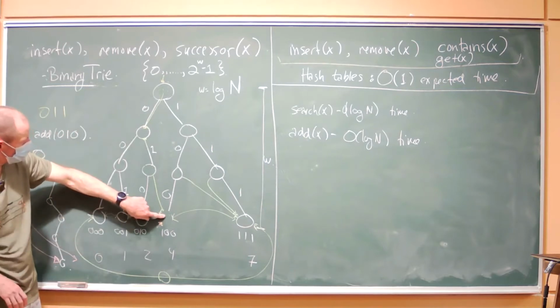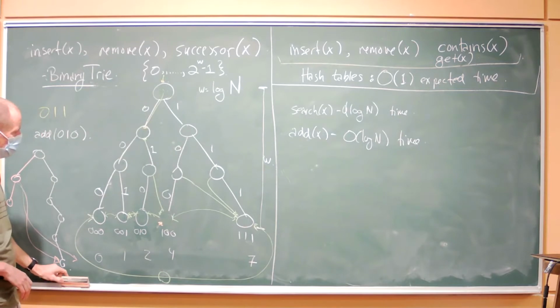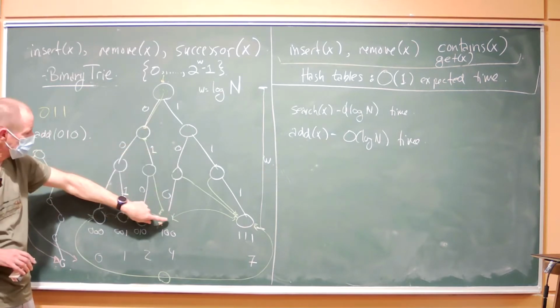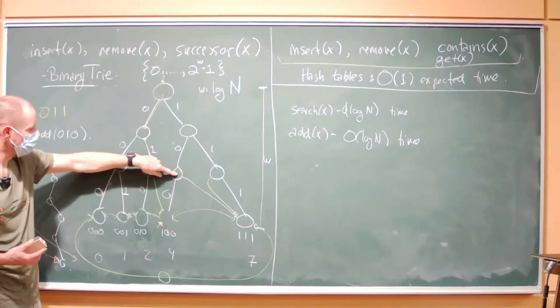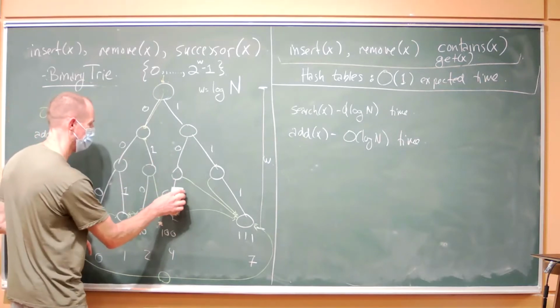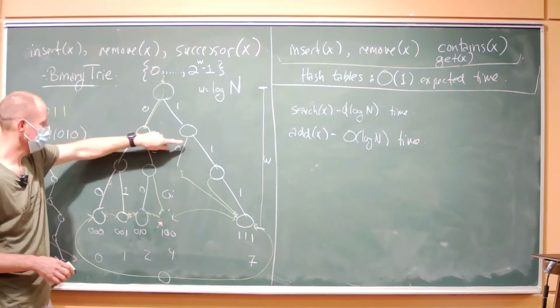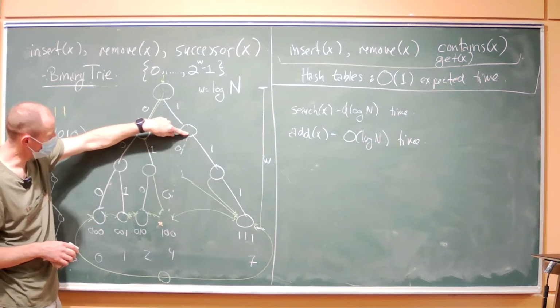And you're going to walk back up this path, getting rid of any node which only has one child now. So for instance, any node that has no children now, this node now has no child, you get rid of it. This node has one child, you stop there.